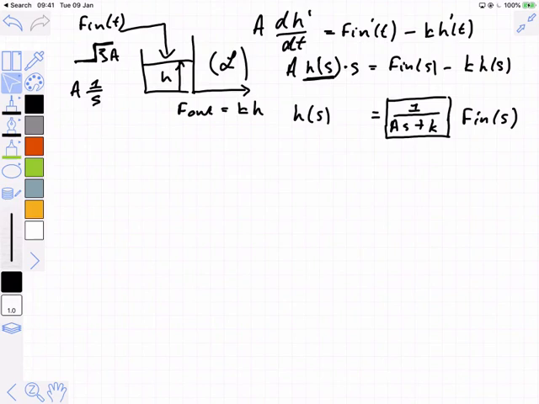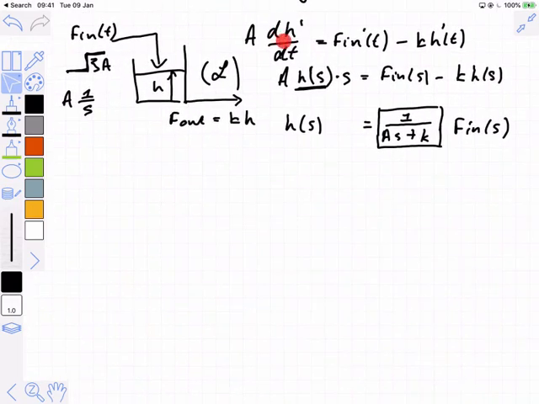Every time I see a derivative in the time domain, that's going to translate to an S in the Laplace domain. And when I rearrange that, that's in general going to end up below the line in the transfer function.